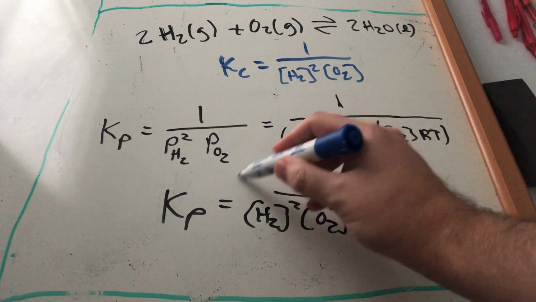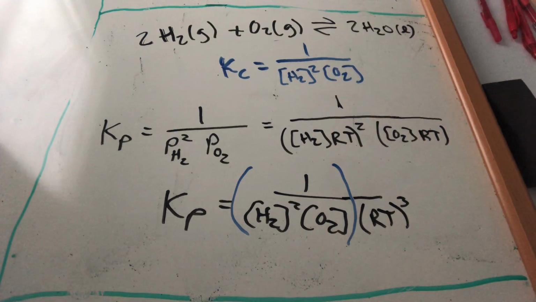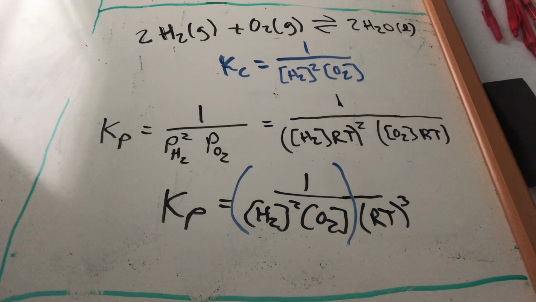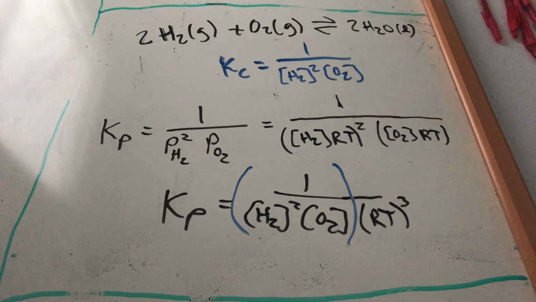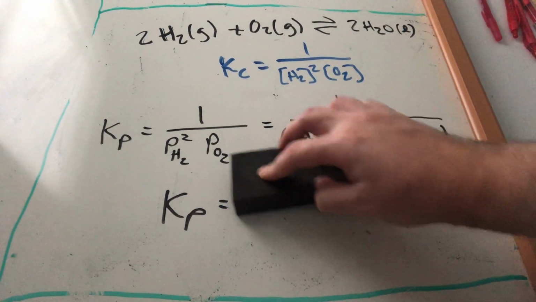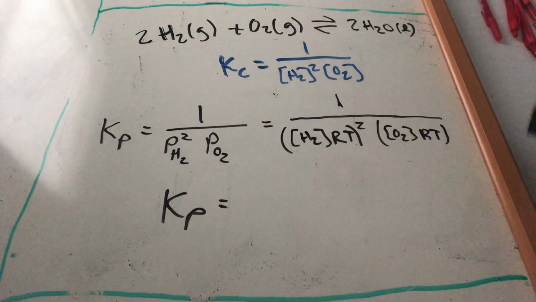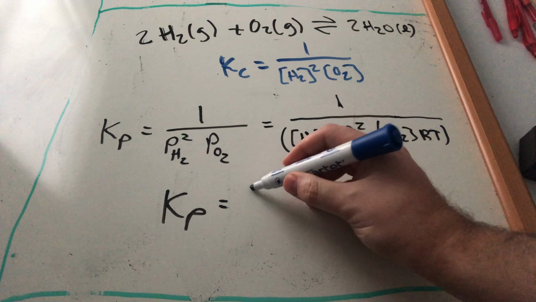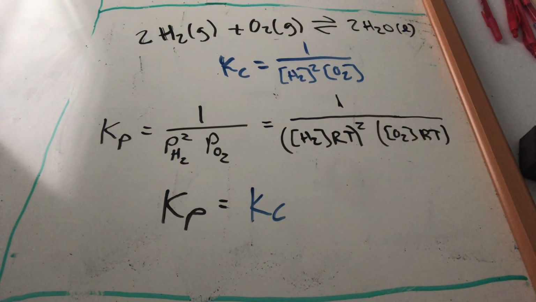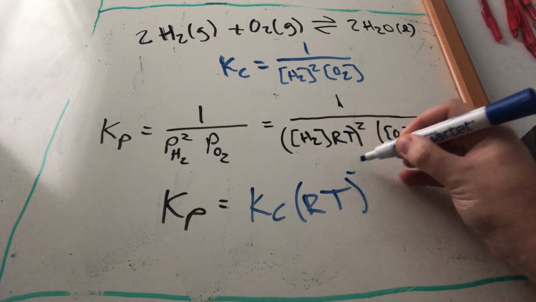And if you look at what we have down here, that right there is Kc. That right there is Kc. So I'm going to rewrite this Kp based off of that identity that we just found. This is going to be equal to Kc. Remember we had RT cubed, but it was in the denominator. I'm going to write it as RT to the minus 3.